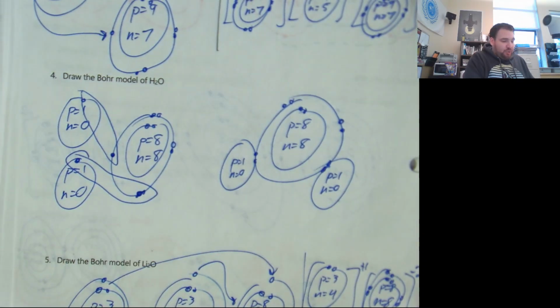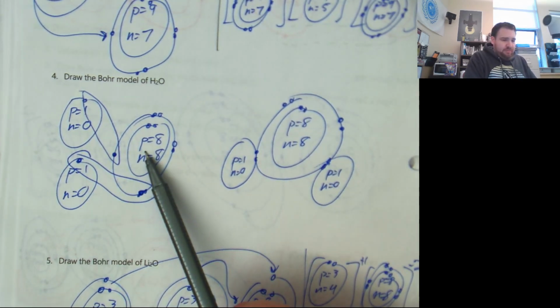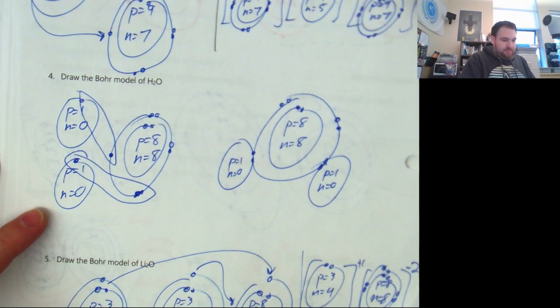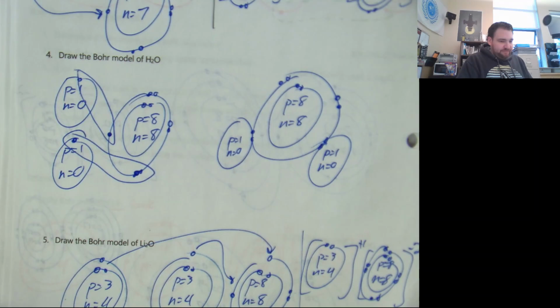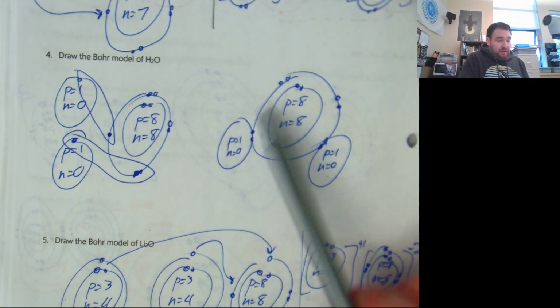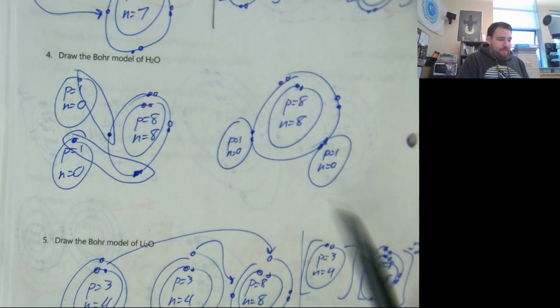You draw a single hydrogen, there's your oxygen. It would loop. And then you would redraw it with the hydrogens moved to where this thing would be shared. And you get something that looks like this.